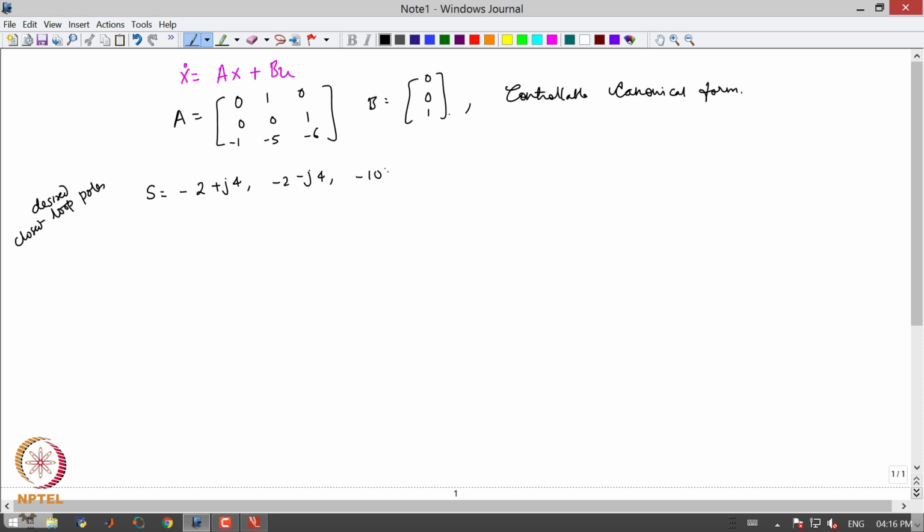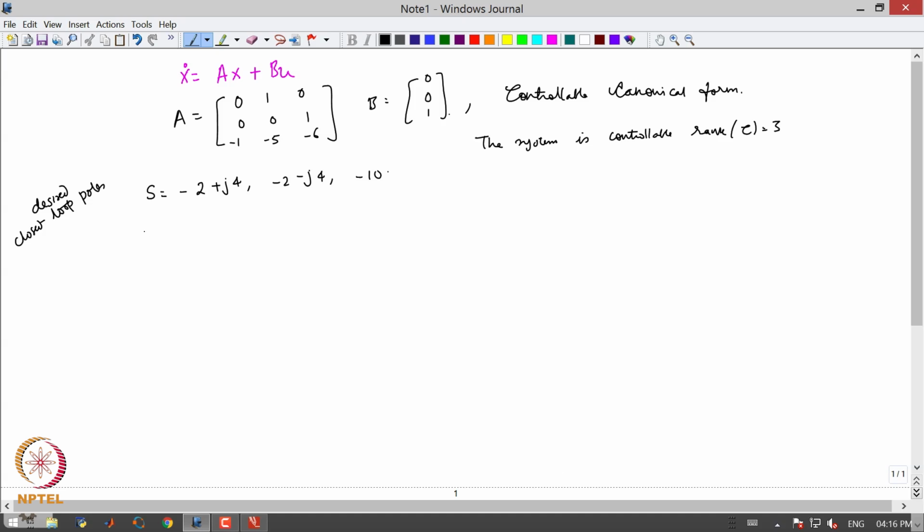First, check if the system is controllable. Well, the answer is yes. I will leave the steps for you to verify that; you can easily check that the rank of C is equal to 3, and also because I have it in the controllable canonical form, the system is controllable.